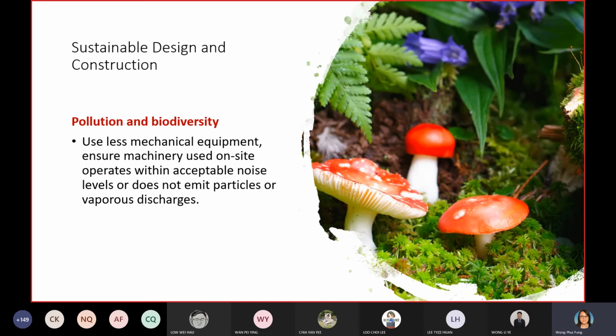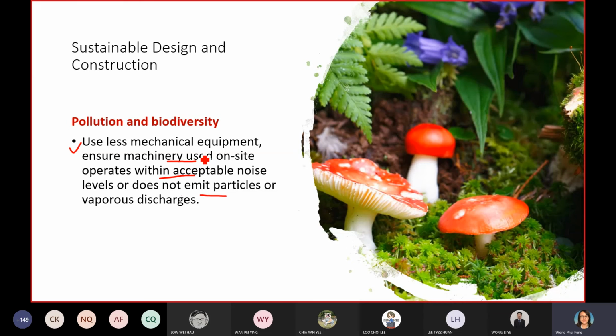Okay. So under this part, what the contractor and the developer can do is use less mechanical equipment, ensure machinery used on site operates within the acceptable noise level and does not emit particles or vaporous discharge.